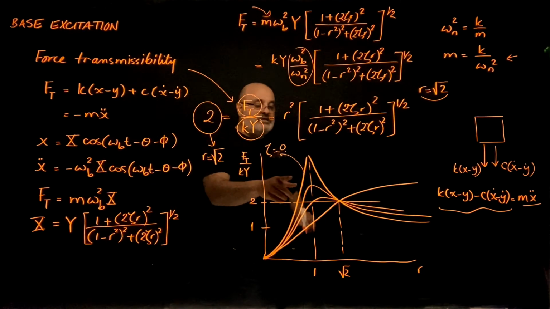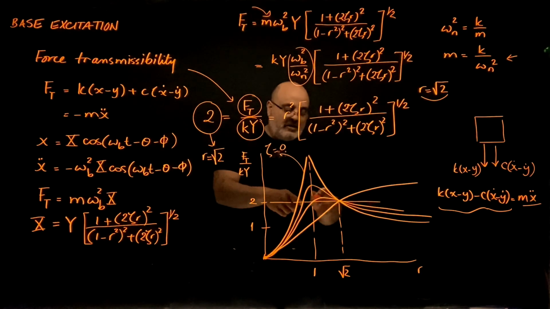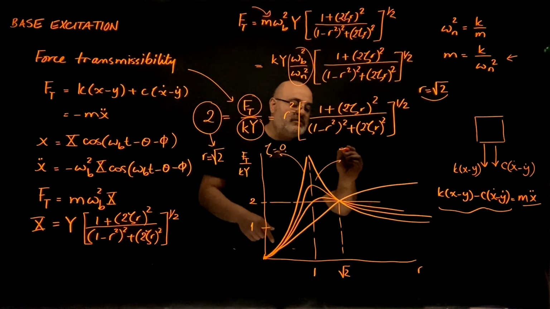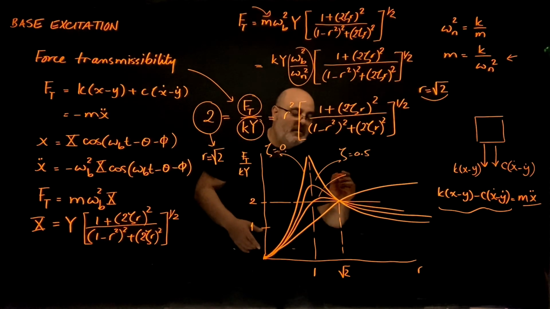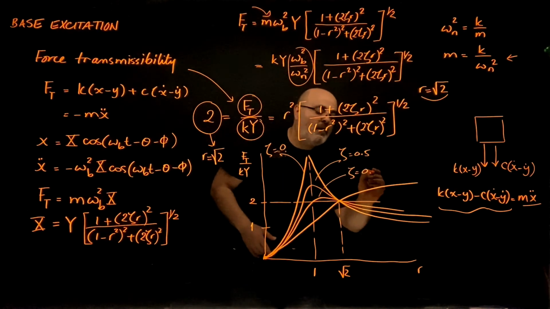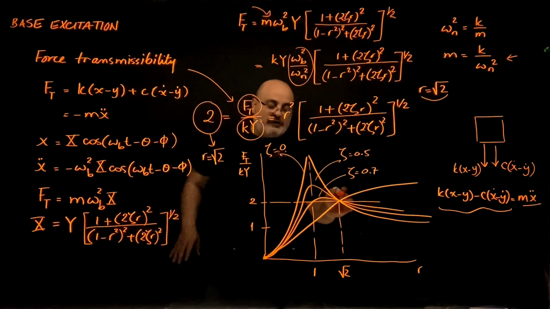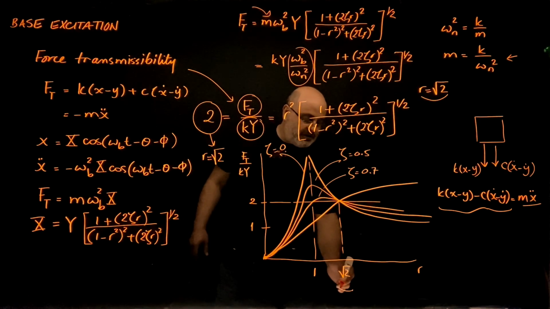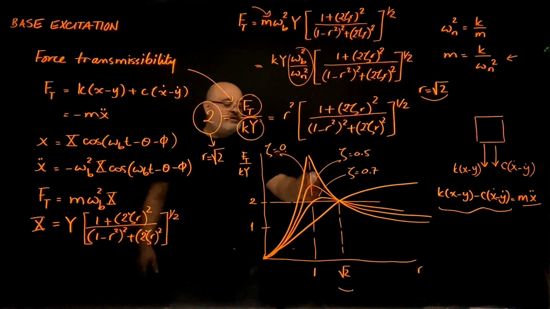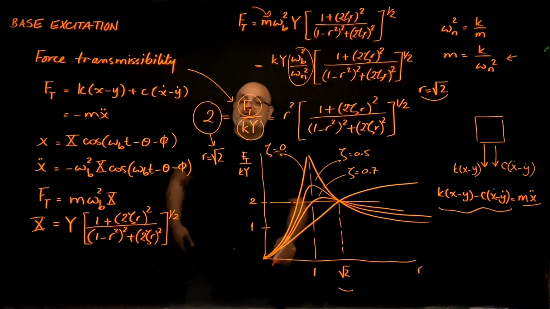Okay, this is zeta 0, this is overdamped, and these are intermediate values of zeta, let's say 0.5 or 0.7. They all produce force transmissibility of 2 at square root of 2 ratio, and the resonance happens at or near r equals 1.